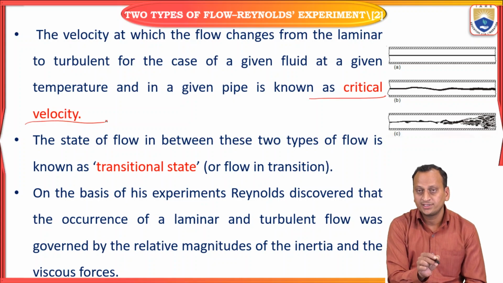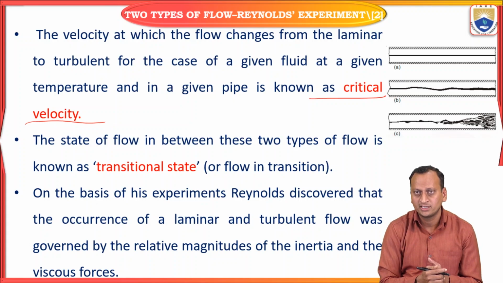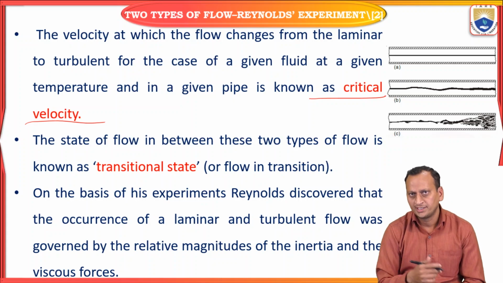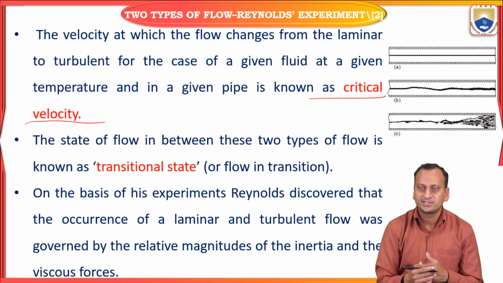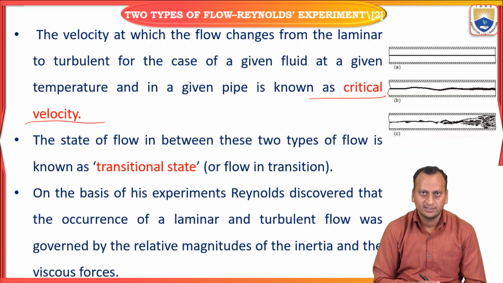The critical velocity is simply whenever the fluid is changing from one phase to another phase. The velocity at which it converts from laminar into turbulent, or laminar into transition, or transition into turbulent, that is nothing but a critical velocity.